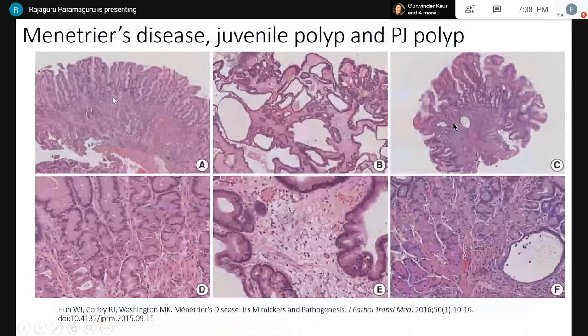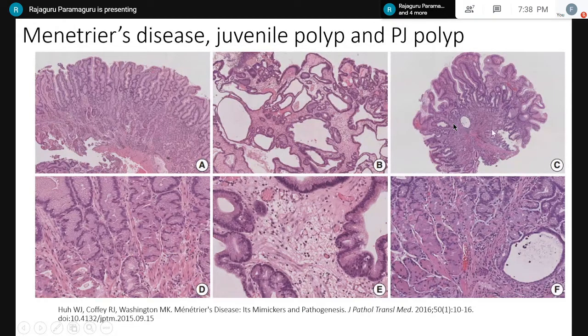The foveolar epithelium again will be hyperplastic, but the gland to stroma ratio is markedly increased compared to the hyperplastic polyp or the Peutz-Jeghers polyp. Here the gland to stroma ratio is increased and the glands appear packed, and the hyperplastic foveolar epithelium appears corkscrew in appearance. You can see them closely over here as well.